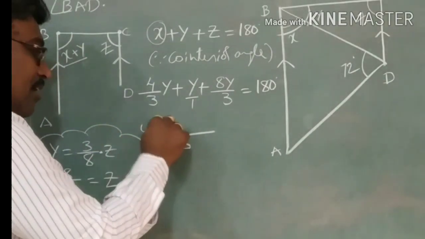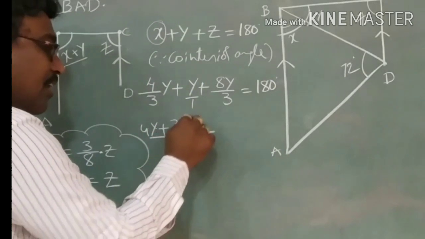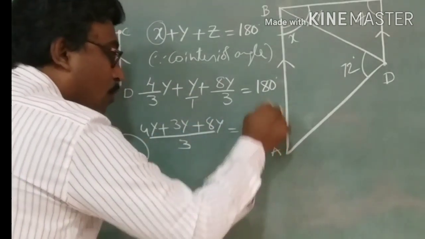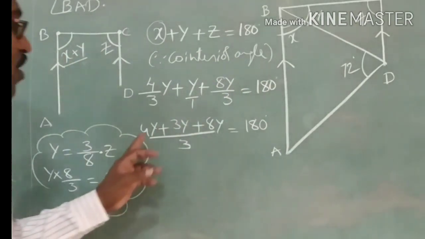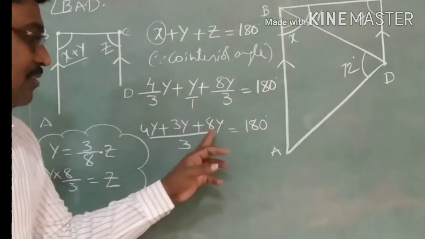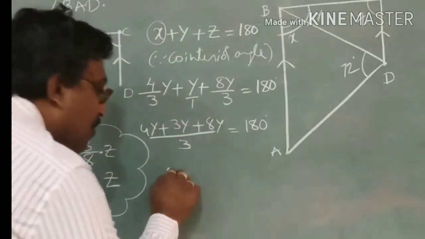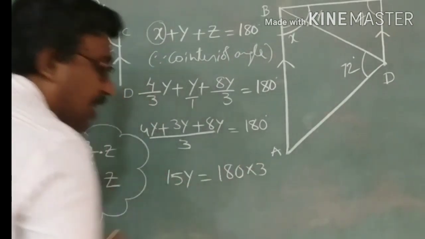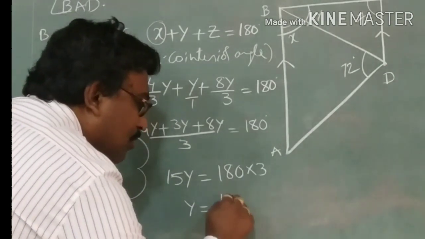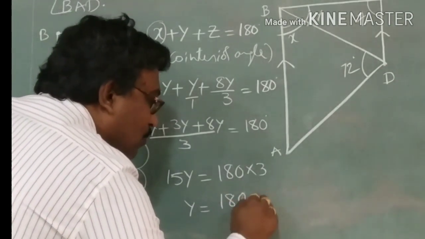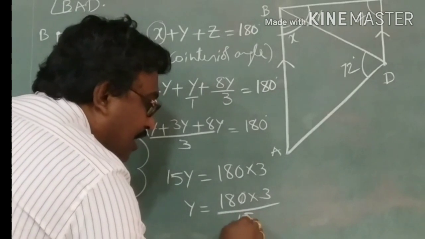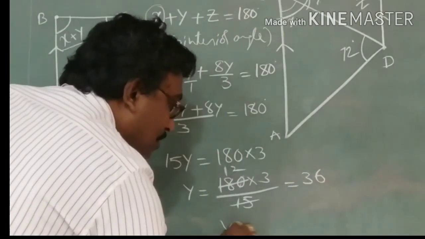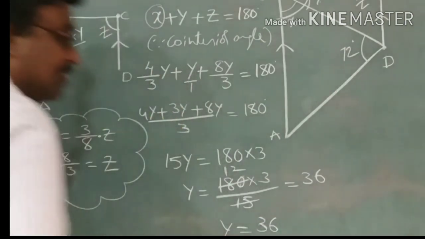So 4y plus 3y plus 8y is equal to 180. Now 4 plus 3, 7, 7 plus 8, 15. 15y is equal to 180 into 3. Y is equal to, do not multiply because 180 by 15, it is 12 times cancel. 12 3s are 36. Y value is 36.